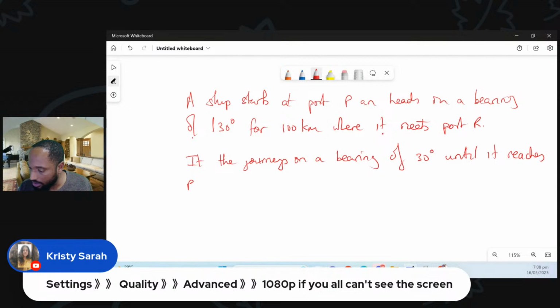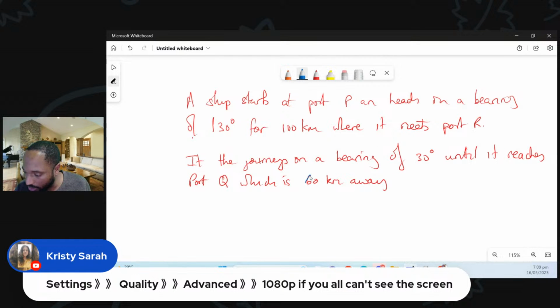port Q, which is 60 kilometers away. Now they want you to show this on a diagram.